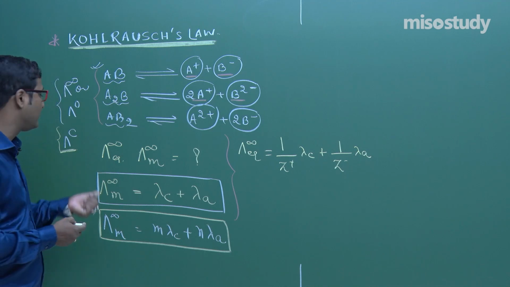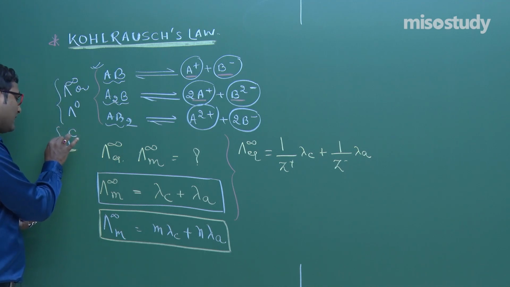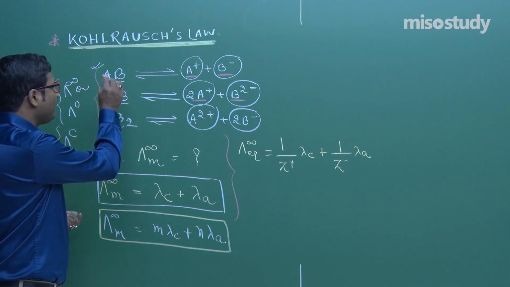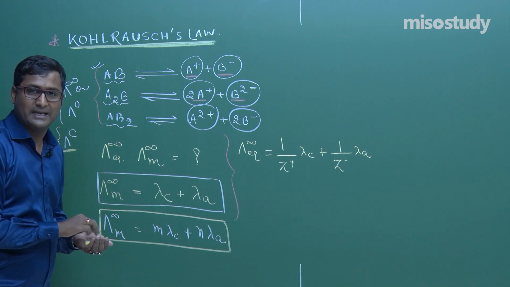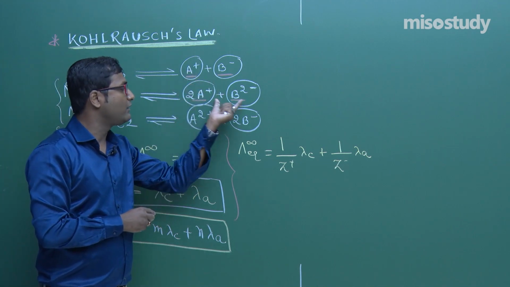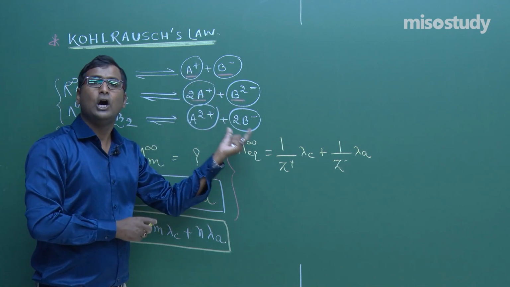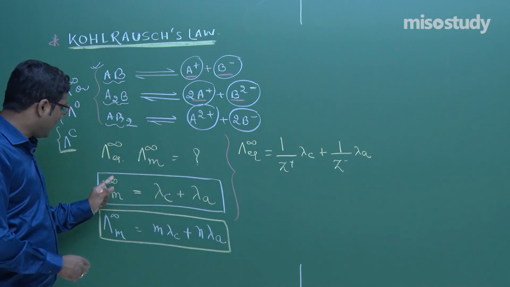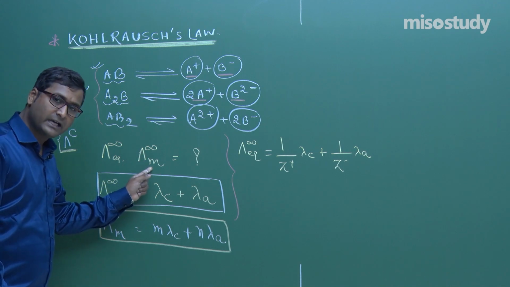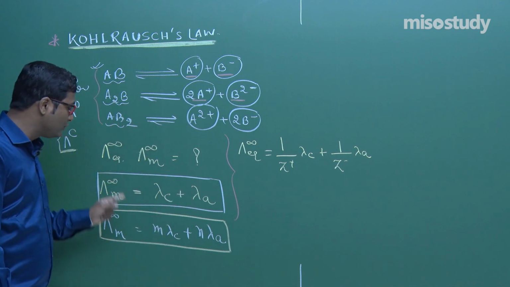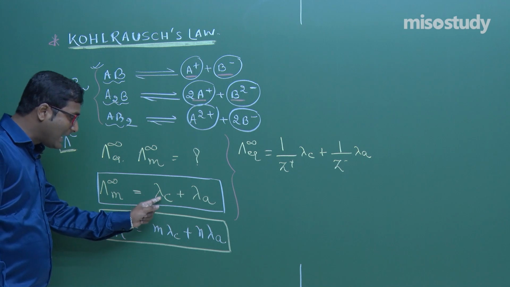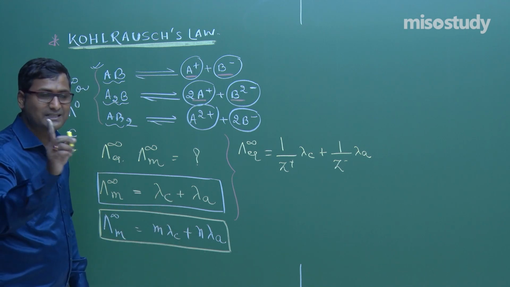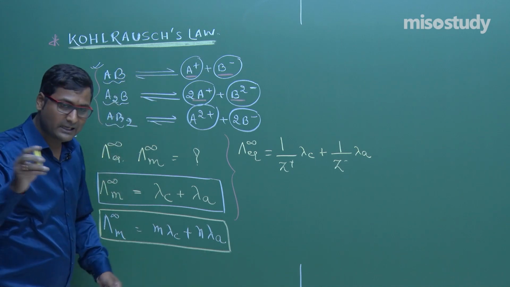I have discussed this relation in my last class. Clear to you? Now, the question here: if dissociation takes place, then each ion will contribute towards the equivalent or molar conductance of the solution. So the equivalent or molar conductivity at infinite dilution is equal to the ionic conductivities of cation and anion. This is Kohlrausch's law. Clear?